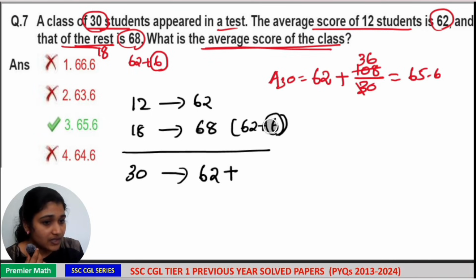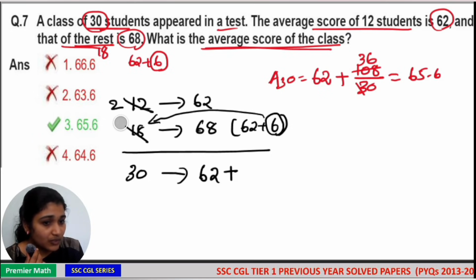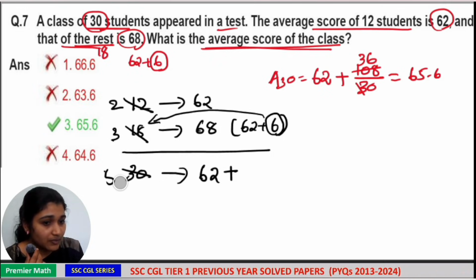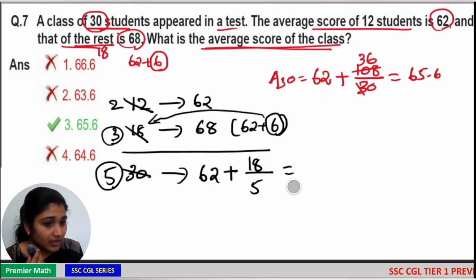Now here the extra 6 is for these 18 people. Instead of multiplying 6 by 18, we can take the ratio of numbers because it will cancel each other. 6 goes 2 times in 12, 3 times in 18 and 5 times in 30. Now this extra increment, 6 into 3, 18, should be equally distributed to the total 5 people. Then this will become 65.6.